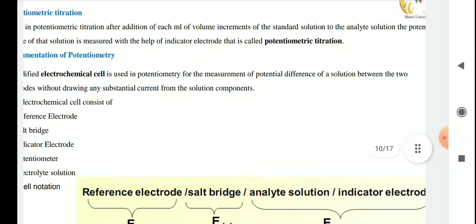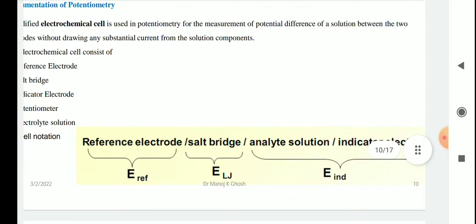Now come to the electrochemical cell. The electrochemical cell is used in potentiometry for the measurement of potential difference of a solution between the two electrodes without drawing any substantial current from the solution component.